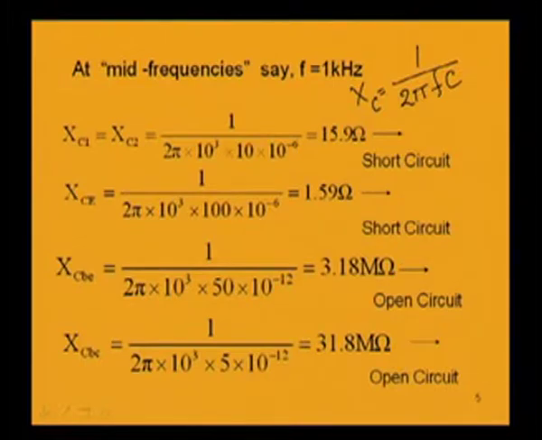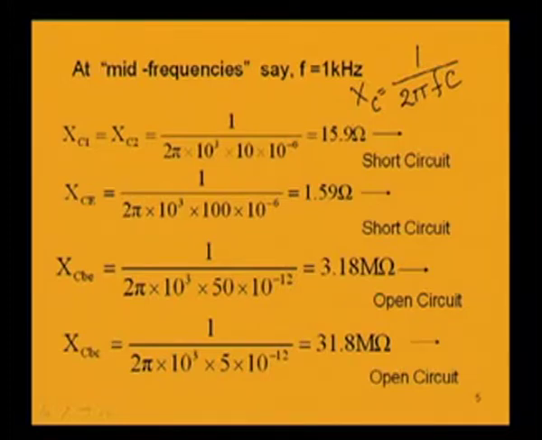Now plugging in the values of C1 and C2 in this expression, the value is 10 microfarad. So 1 by 2 pi, f is 1 kilohertz, so 10 to the power 3 in hertz order, and into 10 into 10 to the power minus 6, because it is microfarad. So we calculate this value and it comes to around 15.9 ohm.